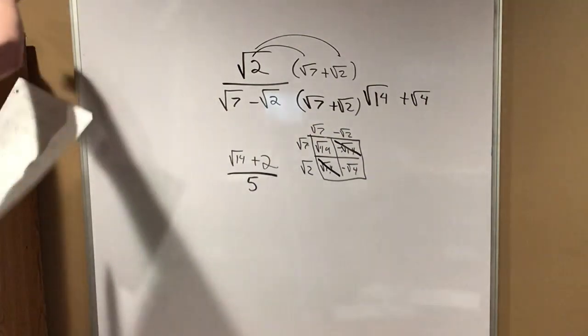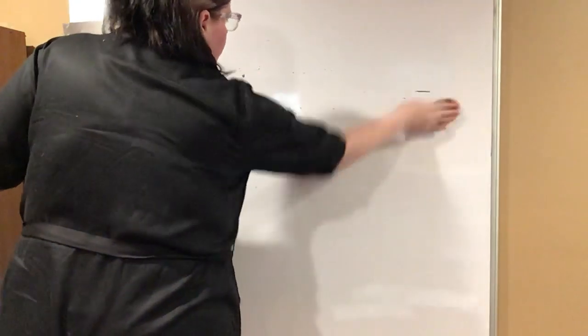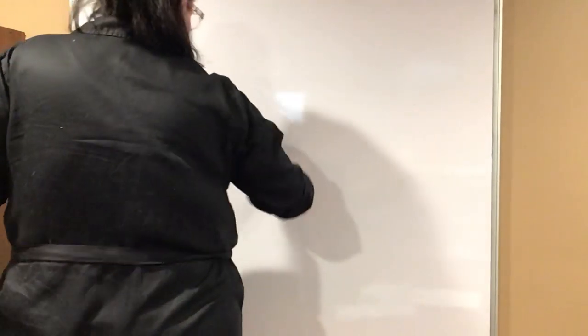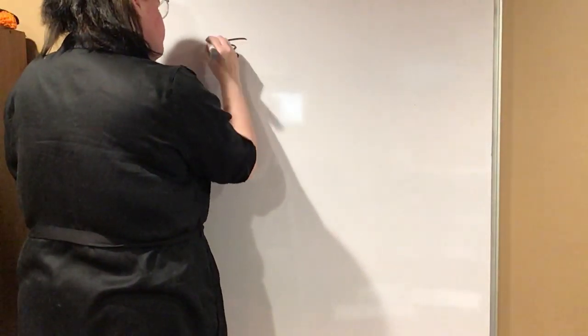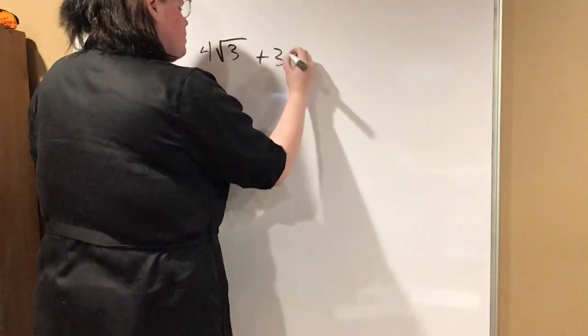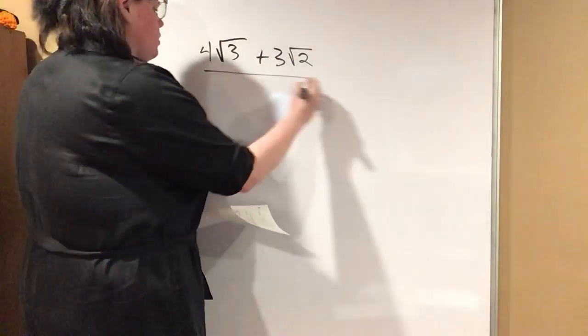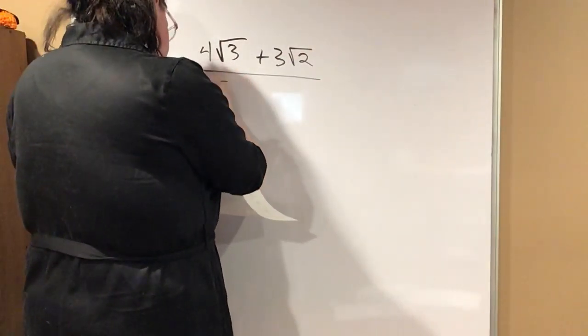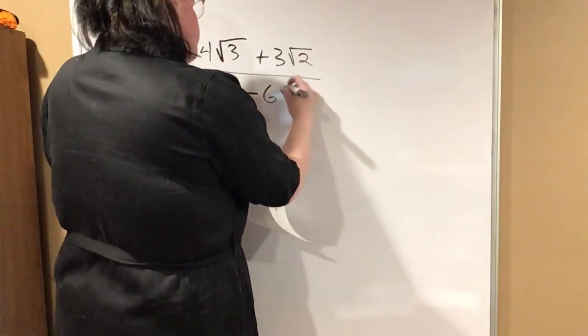So let's look at something that's kind of more complicated, right? And you might need to use multiple boxes, which I love using boxes. So if I'm given square root of 3, 4 square roots of 3 plus 3 square roots of 2 over 5 square roots of 3 minus 6 square roots of 2.